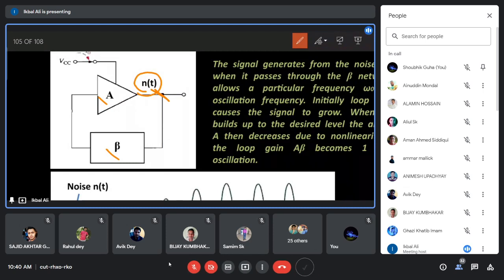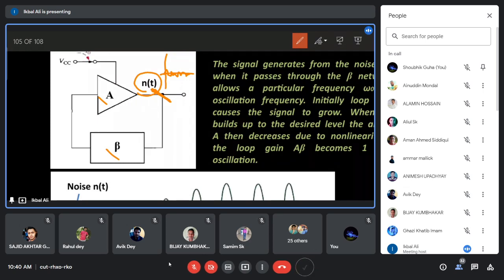No input is applied. If you have a noise here, then as I have said, the nature of this noise is a fluctuating voltage or current. These are everlasting fluctuating voltages or currents, very small in magnitude, of the microvolt order or microampere order. This noise contains all frequency components.